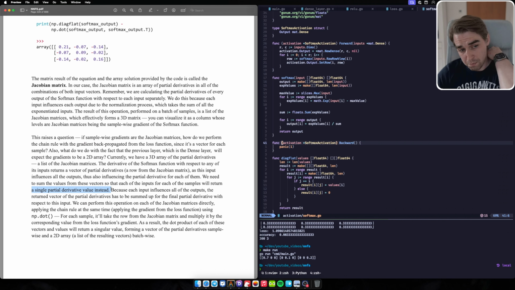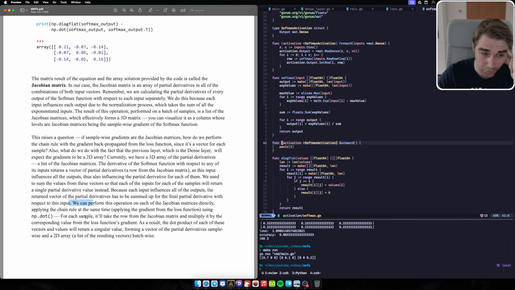So instead of a matrix, because each input influences all of the outputs, the returning vector of partial derivatives has to be summed up for the final partial derivative with respect to this input. We can perform this operation on each of the Jacobian matrices directly, applying the chain rule at the same time, applying the gradient from the loss function.